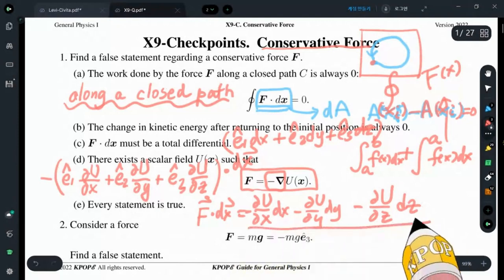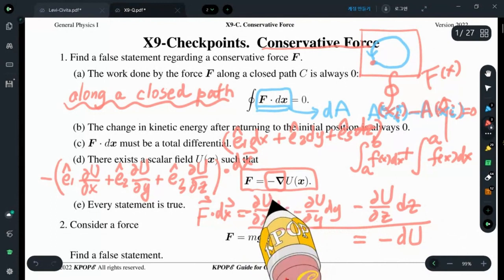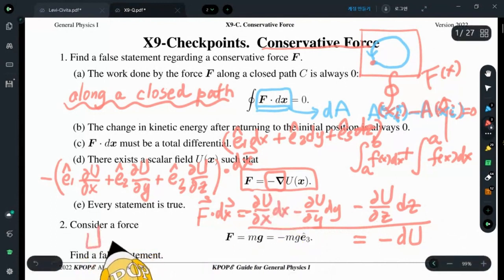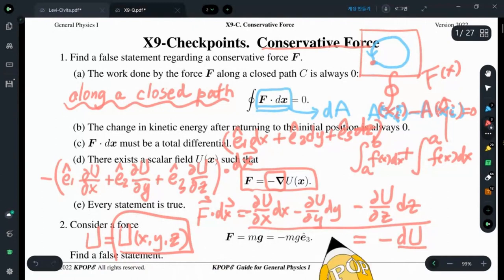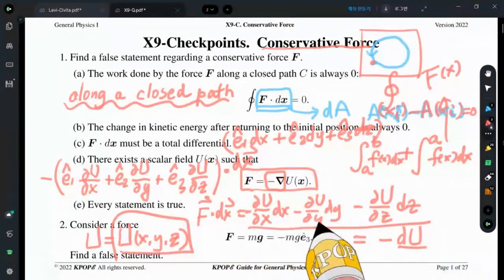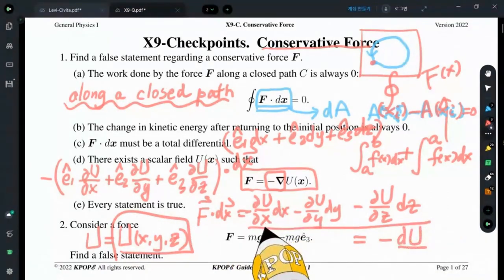We learn that this is a total differential, minus dU, because U is a function of x, y, and z. So the total differential is just the sum of partial derivatives multiplied by the differential of each variable. Okay?